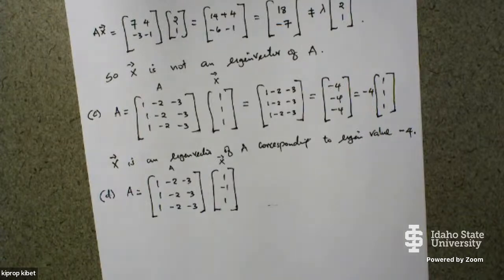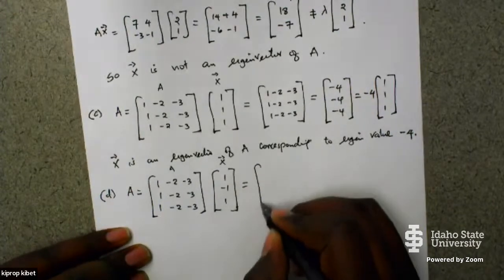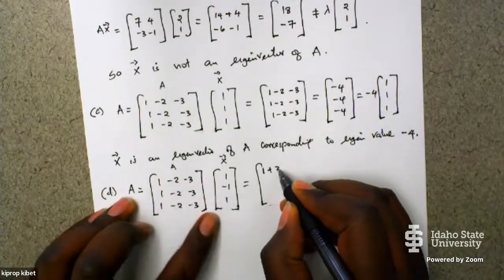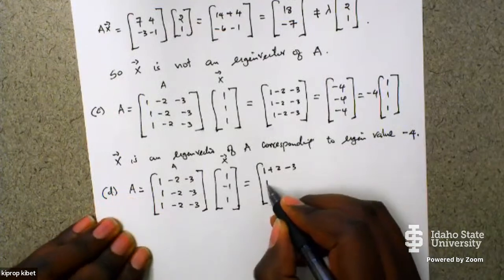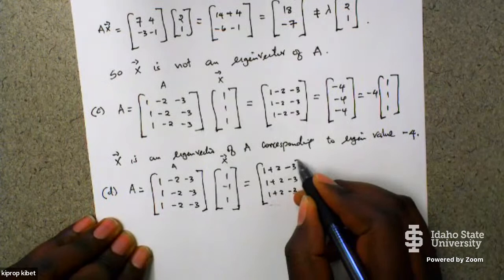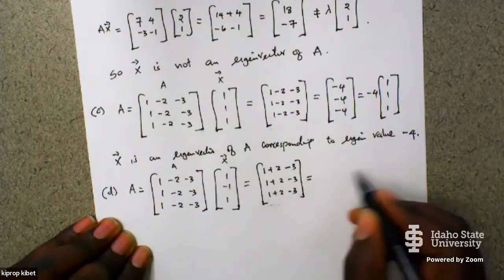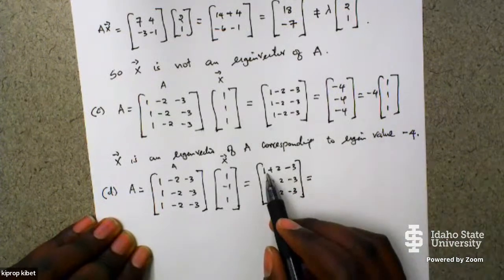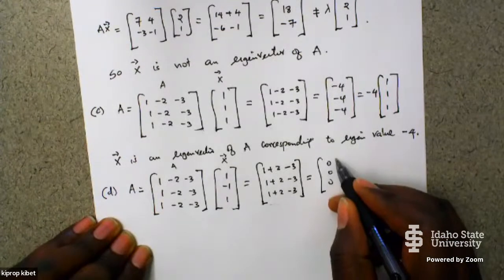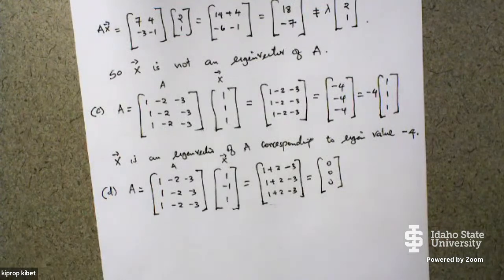So what do we get? This is equal to 1, the next one is plus 2, and then the last one is minus 3. 1 plus 2 minus 3 in each row. And finally, 1 plus 2 is 3, so we get 0, 0, 0.